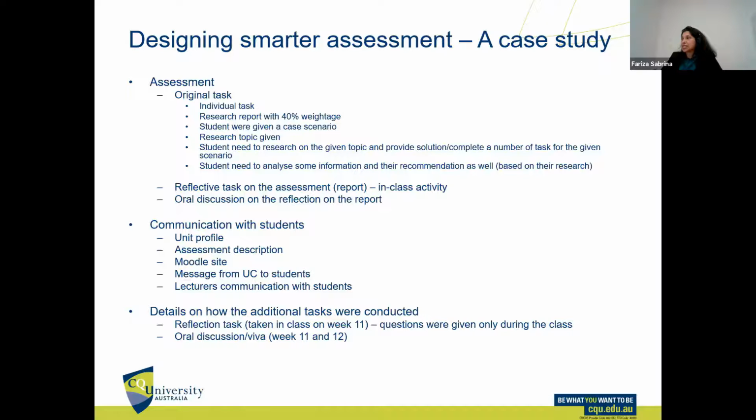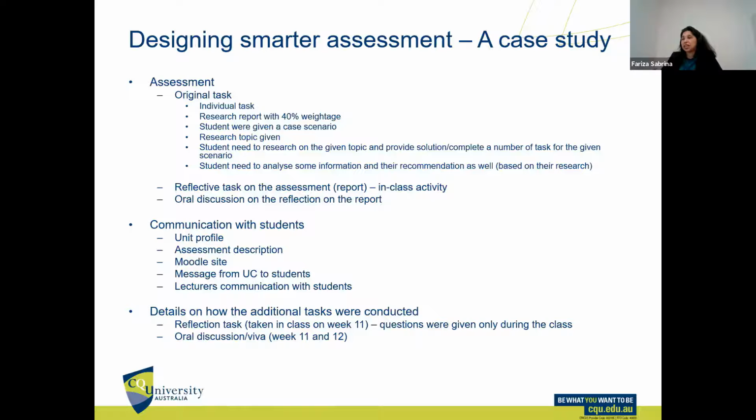The questions ranged from critically analyzing and writing about your experience in preparing this report, to what are the key points you have learned from the assessment, and also questions such as discuss your research experience and the hurdles you faced, and how you overcame them. We gave a number of questions to the lecturers beforehand, but the lecturers didn't disclose them to the students.